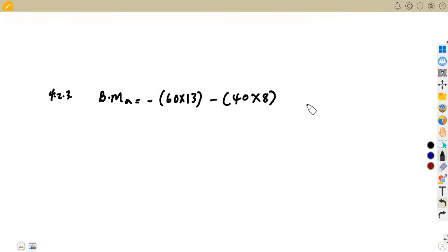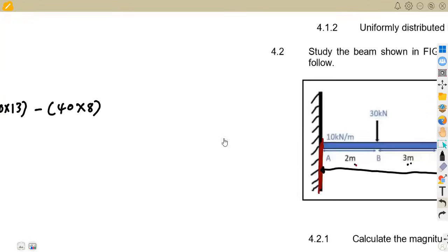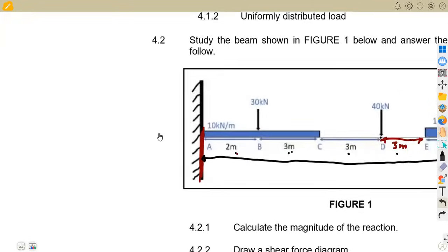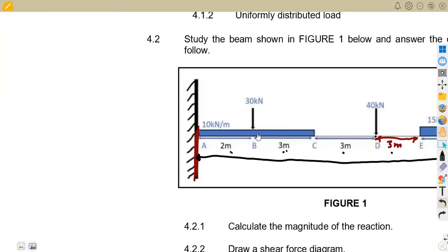Then take note, there are two things that we are supposed to consider here. Because we are given the 30 kilonewton that is affecting these two. It is separating two things now, B and C, and also between B and A. So we're going to consider between B and C, there's a distributed load because there's a force here.